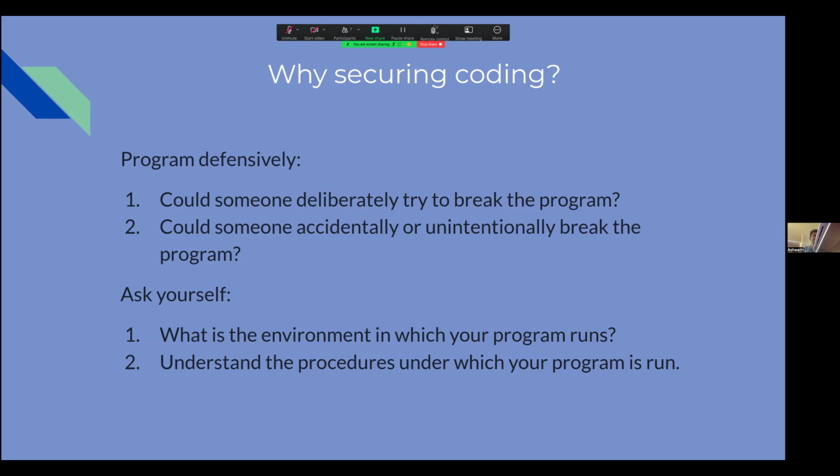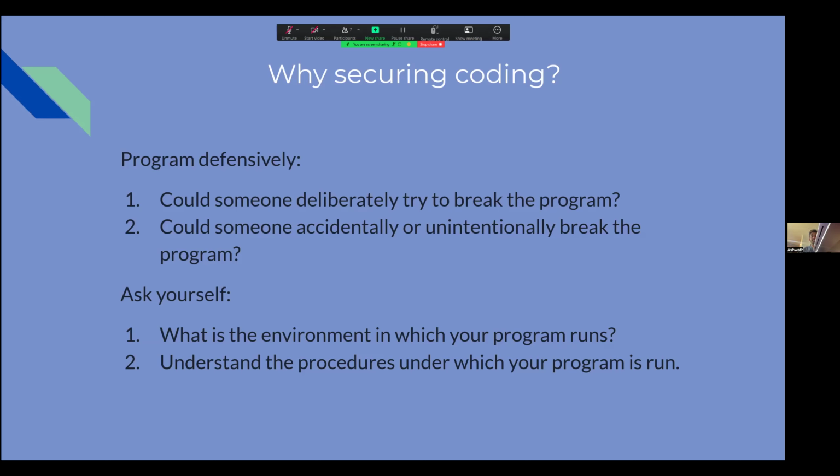And then there is another very important aspect: is there a scenario where somebody is accidentally or unintentionally breaking the program? There are a lot of scenarios, right? We press something or try to perform a particular action, but the application couldn't handle it well, and it crashes or reveals something sensitive, or shows some kind of weird behavior.